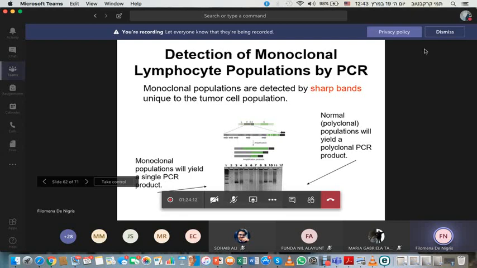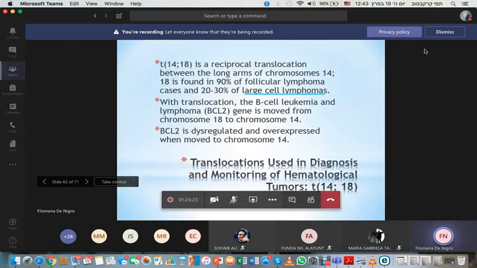Also, we can load the lymphocytes on a gel and verify an extra band, indicating a monoclonal or polyclonal lymphocyte population. Most hematological tumors have peculiar chromosome rearrangements. Here are indicated the breakpoints and rearrangement that involve chromosomes 14 and 18 for large cell lymphoma.